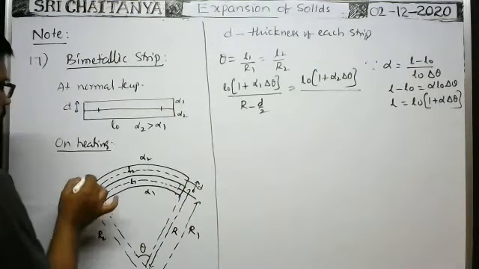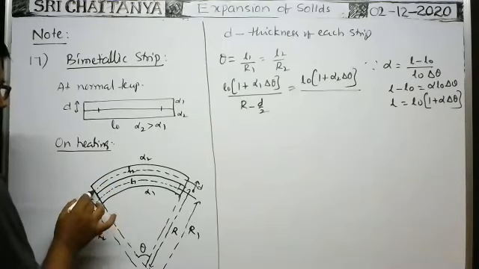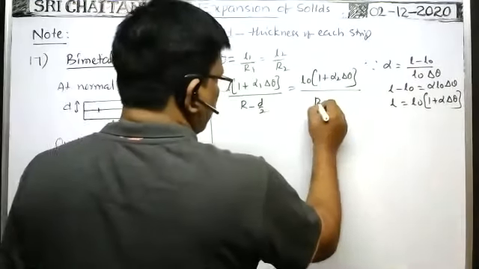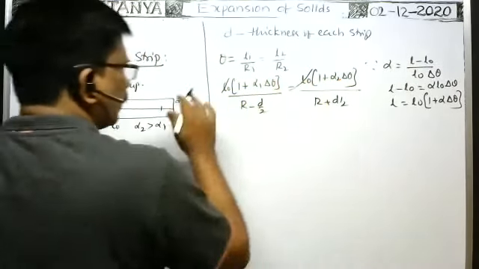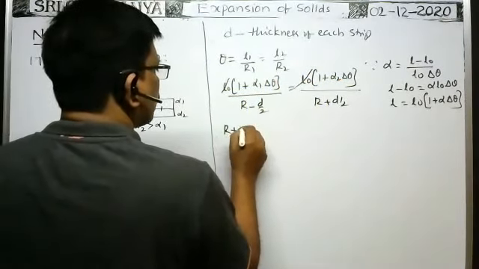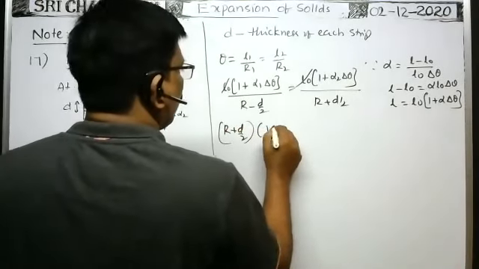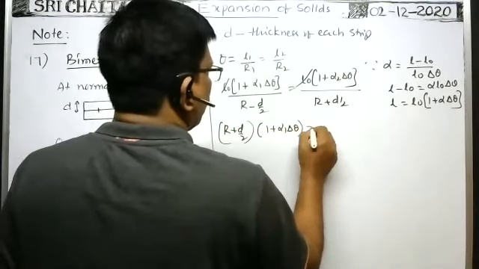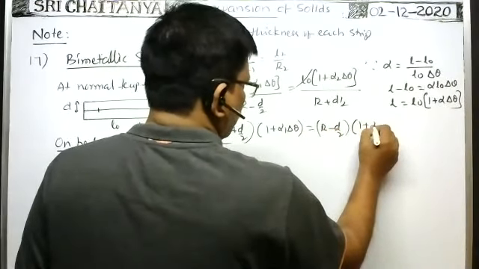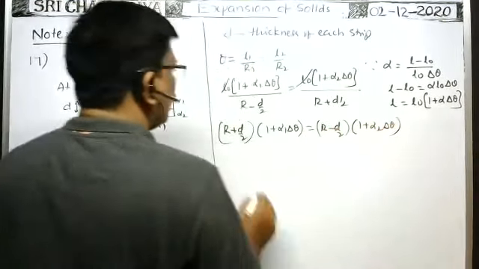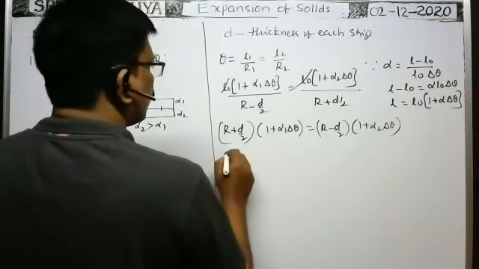R2 is the radius of this upper bimetal strip, R plus d by 2. So you write R plus d by 2. Of course, L0 cancels. Do cross multiplication: R plus d by 2 of 1 plus alpha 1 delta theta is equal to R minus d by 2 of 1 plus alpha 2 delta theta. Now we multiply them.